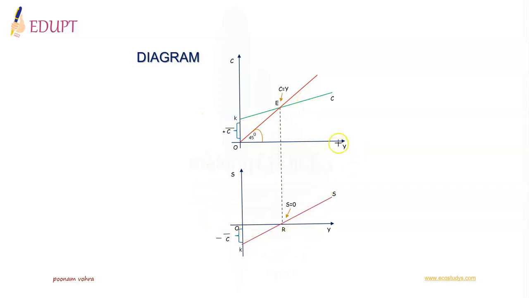In both the cases, income is taken on x-axis, consumption on y-axis in the first diagram, and savings on y-axis in the derived diagram, as savings can be derived from consumption. A 45-degree line is drawn, which represents income also. It has been already understood that when income is 0, consumption is some positive value which is represented by point K in this case.